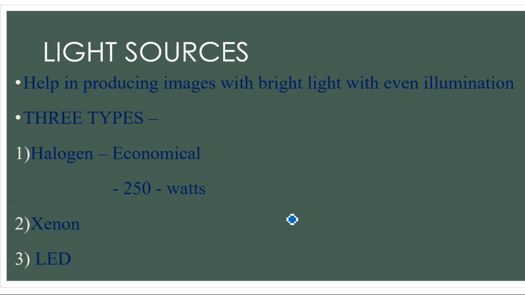In a similar manner, this whole concept in minimal access surgery takes the help of light sources for producing light. Broadly speaking, these light sources are of three types: the halogen, the xenon, and nowadays another one is available, that is LED.